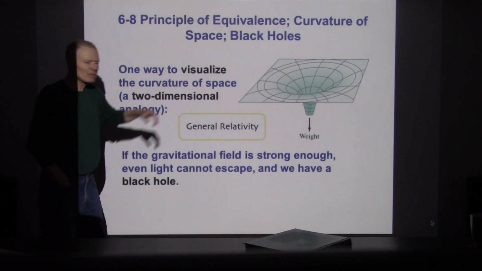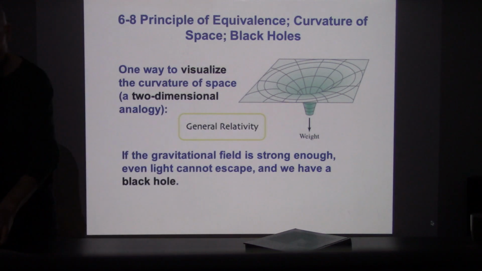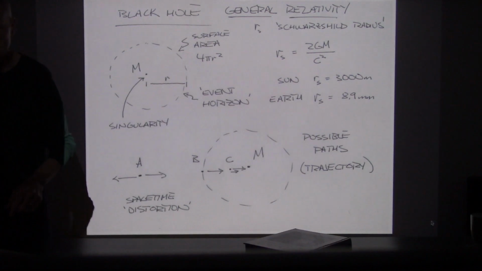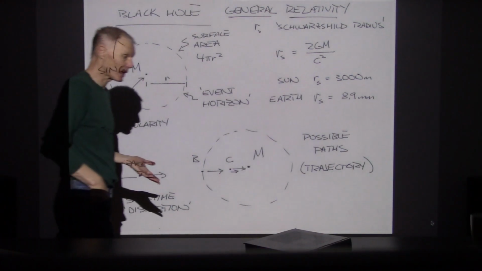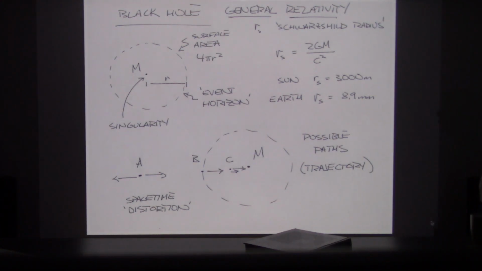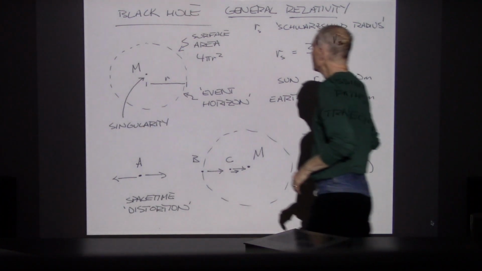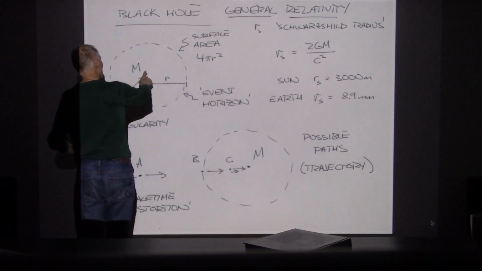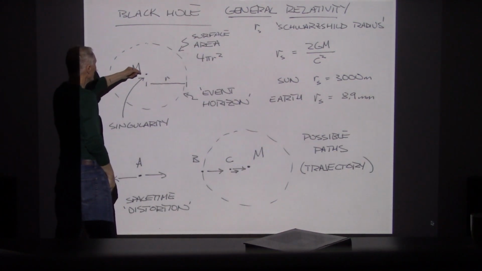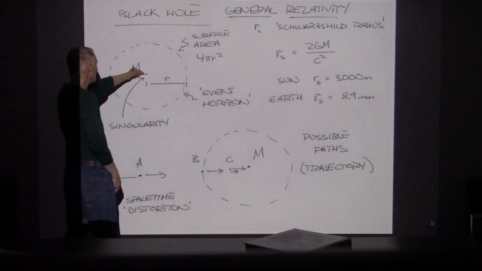Another feature of general relativity is that space becomes distorted. And so when we look at an event horizon, the region around a black hole, a black hole consists of what we consider to be a singularity.